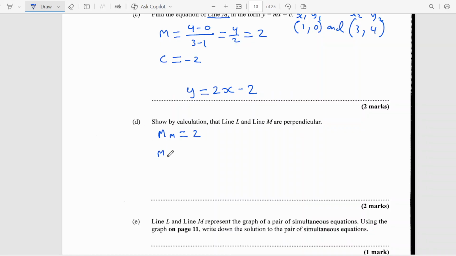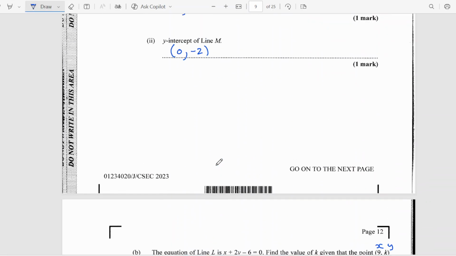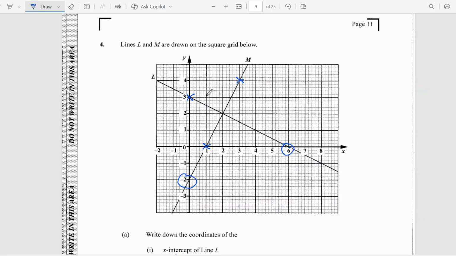So the gradient of L will be y2 take away y1. I'm choosing this point up here, right? This is (0, 3). And this point here is (6, 0). So y2 take away y1.